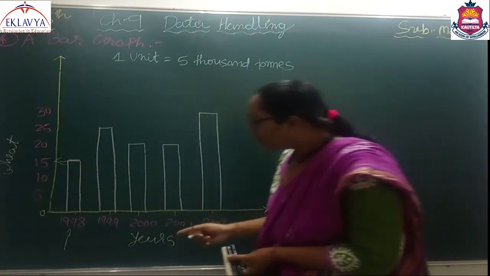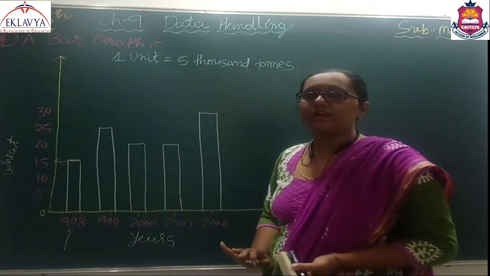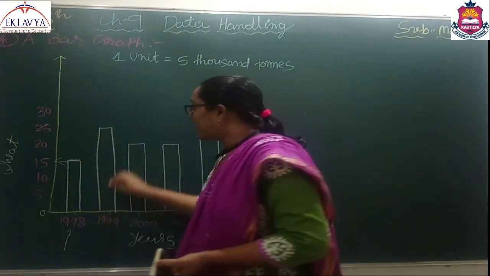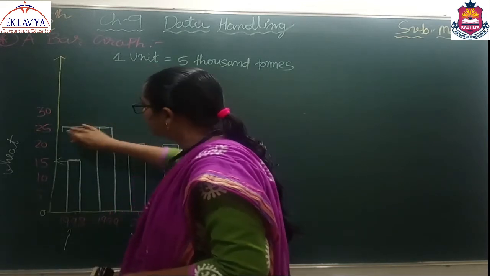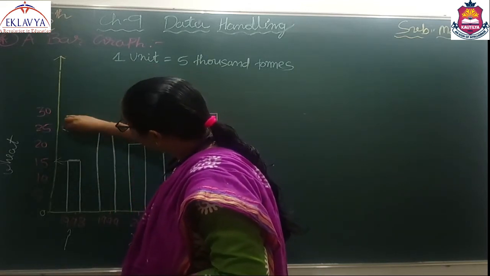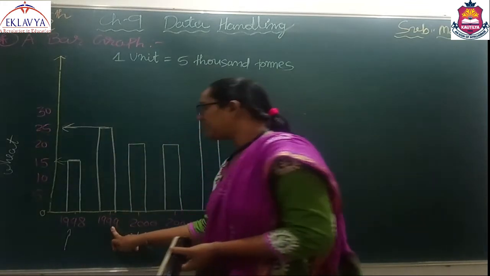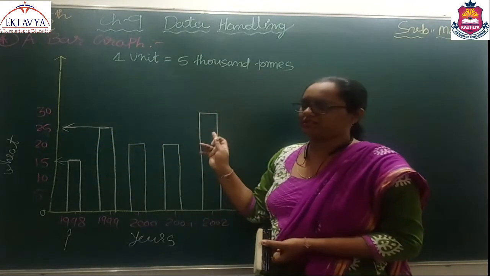Clear? One more example we will take. Suppose the question is about 1999. So we have to see the bar graph, and where it ends we have to observe this part. Means this is 25. So in 1999 government has purchased 25,000 tons.